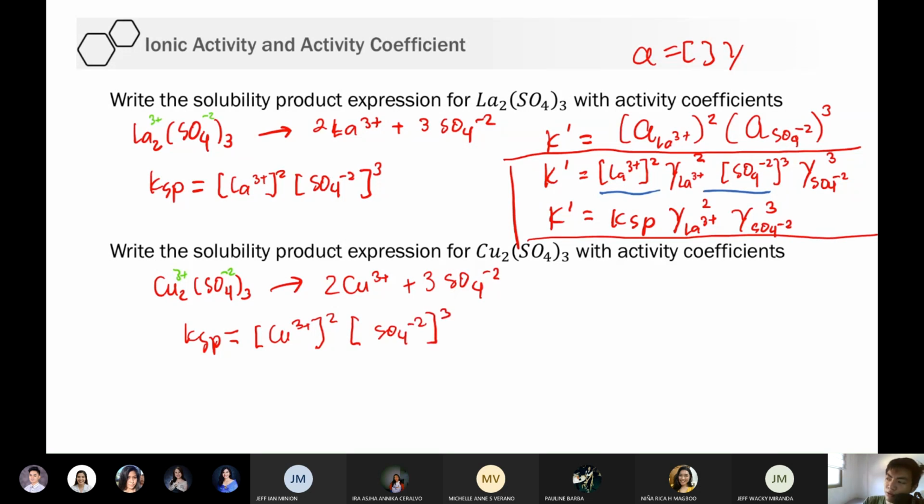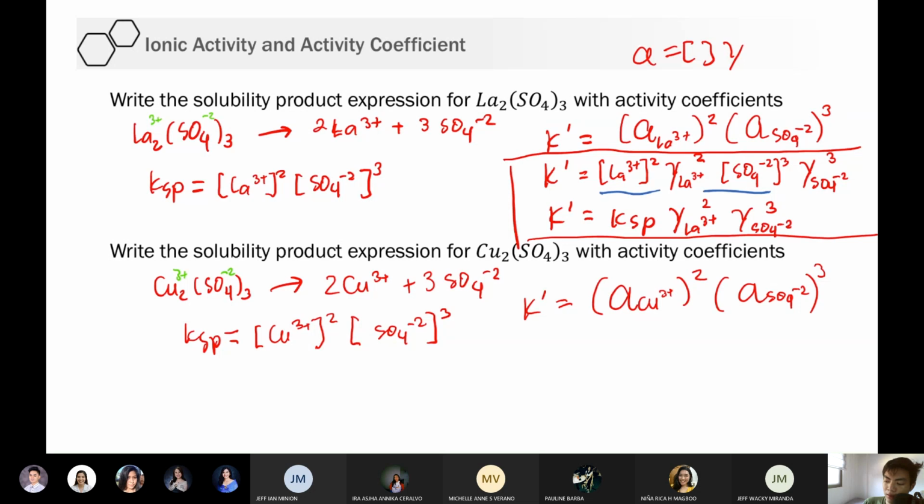However, if we write the solubility expression with activity coefficient, that means we are pertaining to K prime. K prime is similar to our KSP, the original K. However, instead of writing concentrations, we write the activities, letter A. So that's the activity of copper 3 plus squared times the activity of sulfate ions cubed.